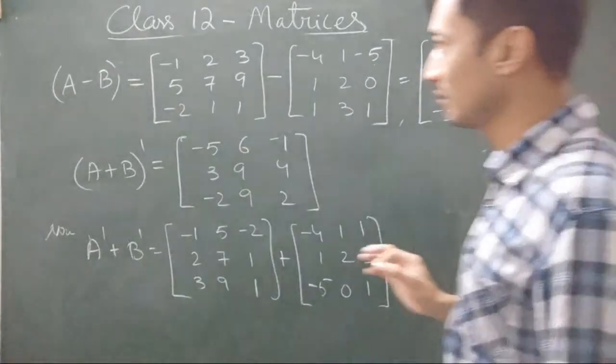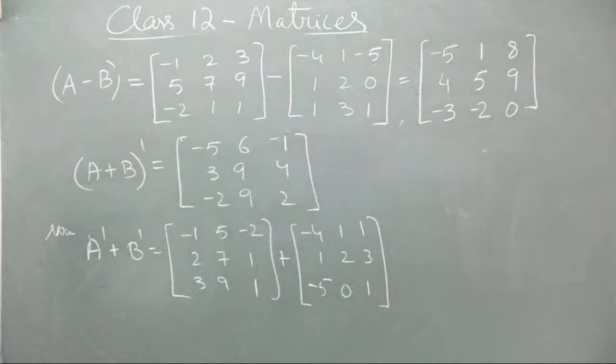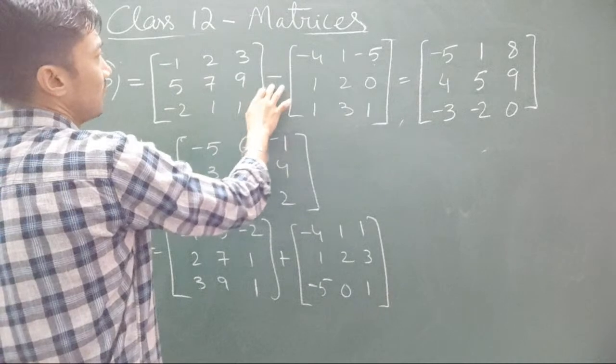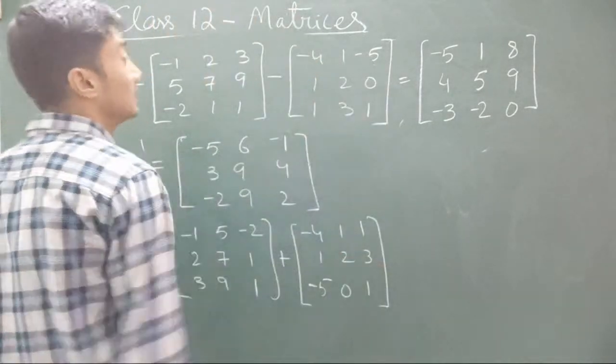So that's A minus B. Sorry, -1 minus -4, so -1 plus 4, that's going to be 3.